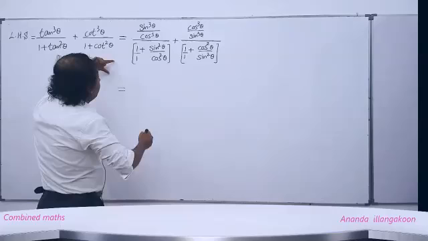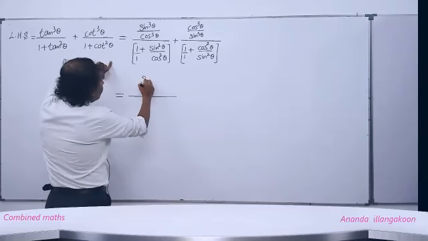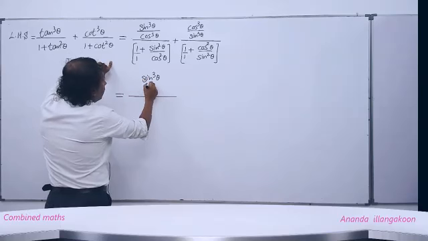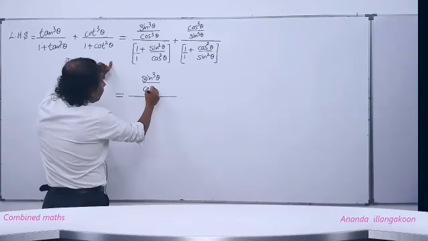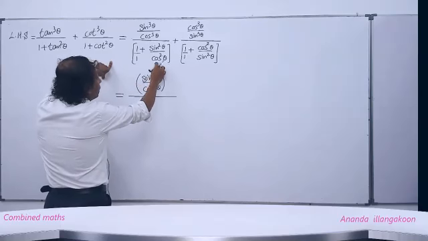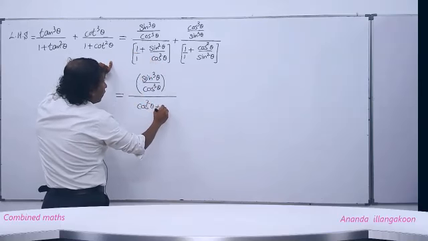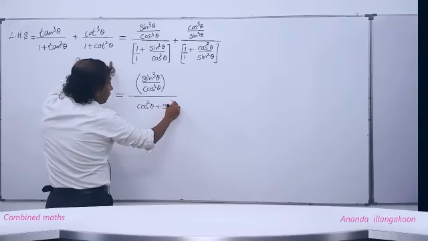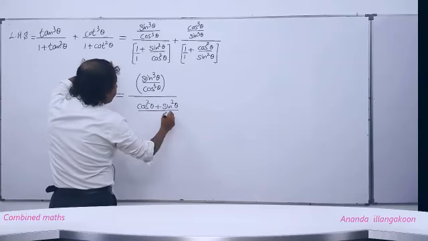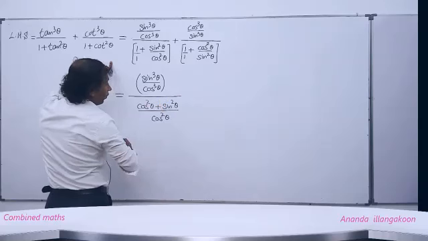Right, then we get something like this: sin cube theta divided by cos cube theta is the numerator, and this cos square theta comes here, cos square theta plus sin square theta divided by cos square theta, this way.